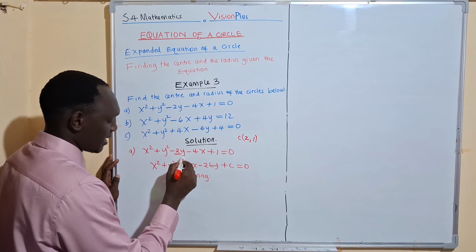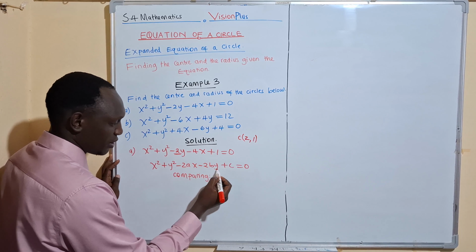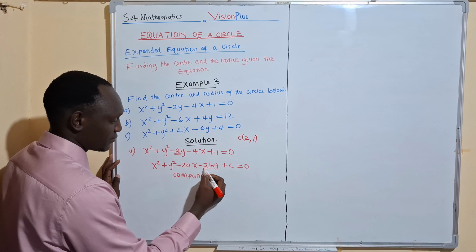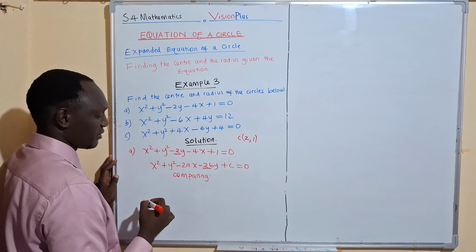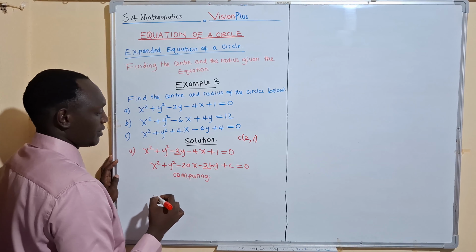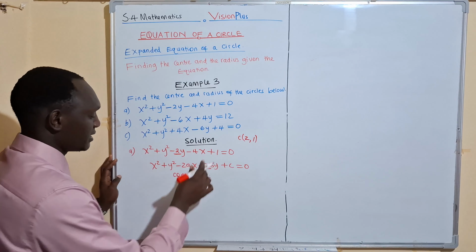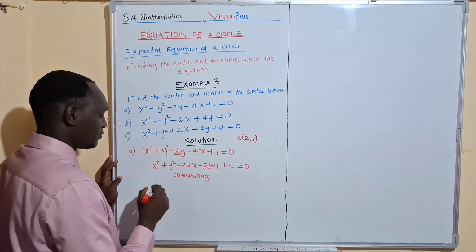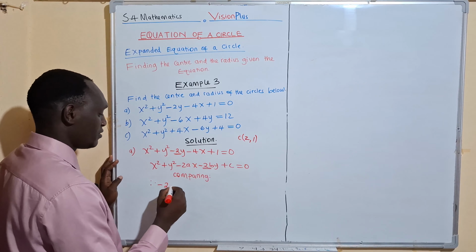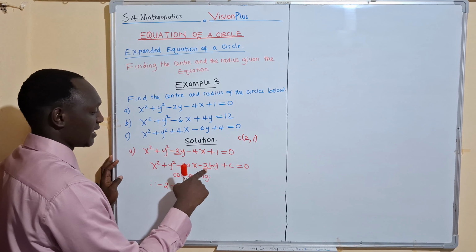This is the term in y. So you look for where there is a term in y this side, which is -2b. They're going to correspond. Remember I said you can start by getting b first and then a. So let's get b.